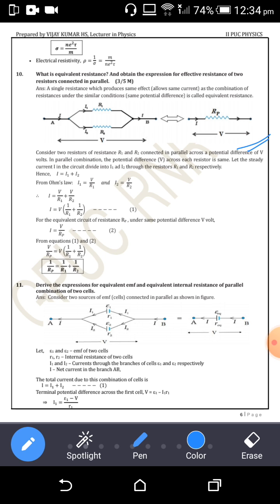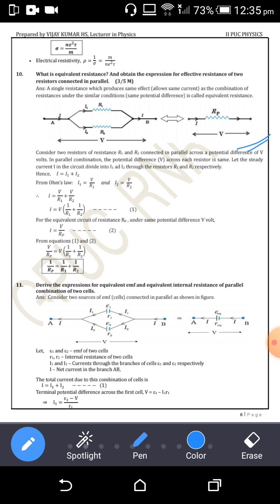So in this parallel combination, as you know, the current entering through each resistor differs, whereas the potential difference across the two resistors remains the same. Consider two resistors of resistance R1 and R2 connected in parallel across a potential difference of V volts.